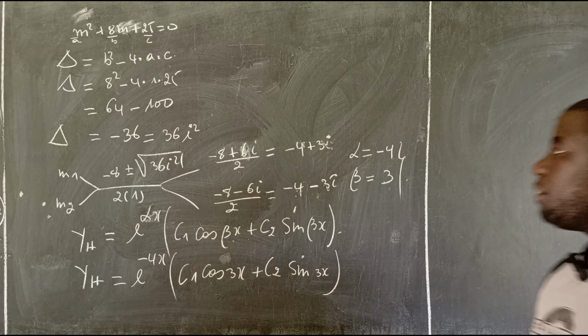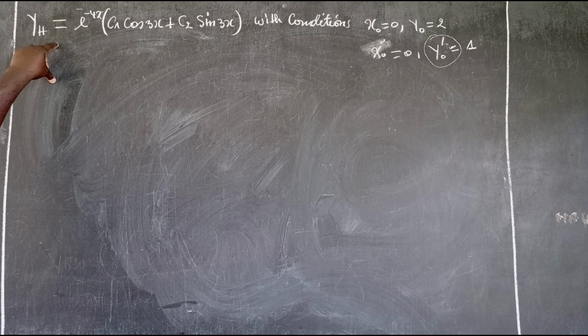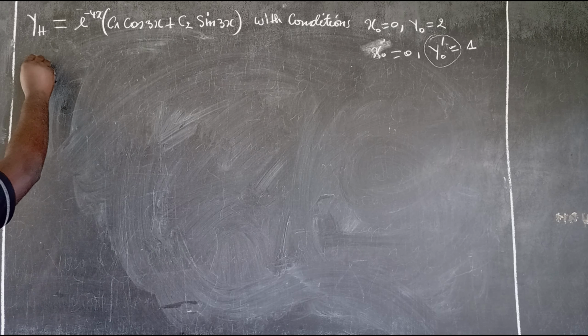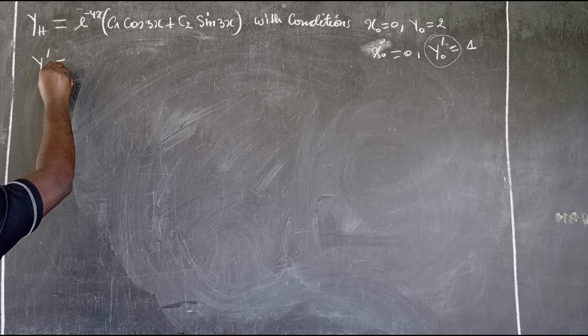But remember, you have these conditions. When x is 0, y is 2. And when x is 0, the first derivative is 1. So as you see, we need to find the first derivative here. For this function y, let us differentiate both sides. The first derivative is a product.